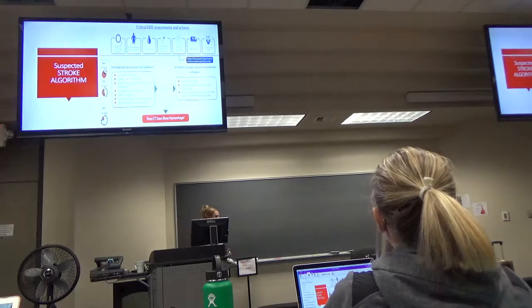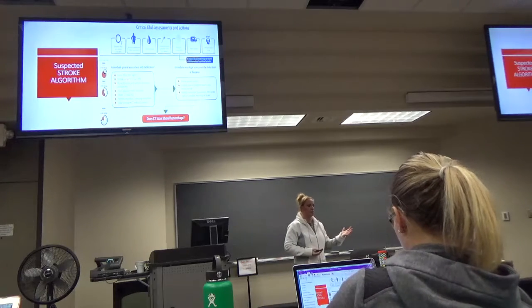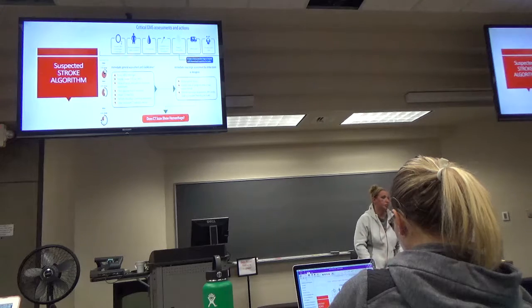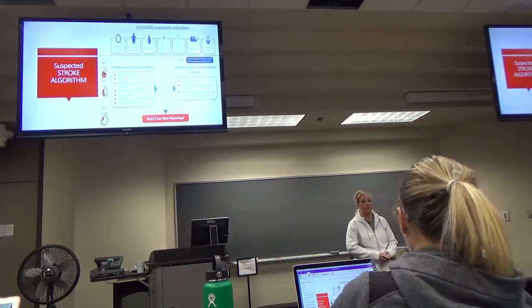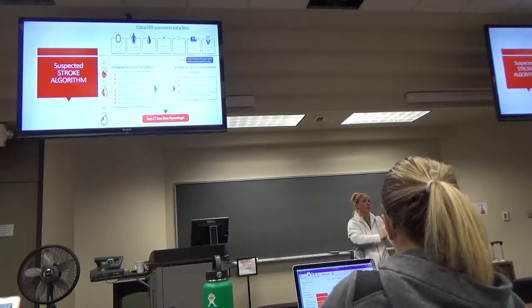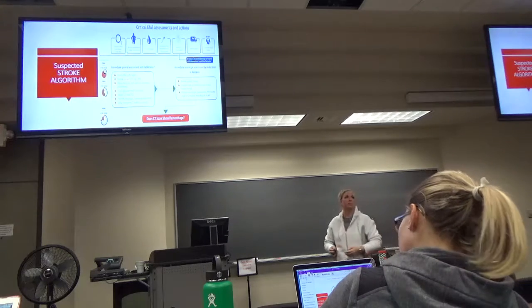If they're hypotensive, you're getting them on fluids, pressors if needed, and then shipping them to the stroke center if you're not already in a stroke center facility. Even in the city, there are specific stroke centers. So Integris Baptist is a stroke center here. So regardless of where they're at in the city, where it starts, that's where they end up.